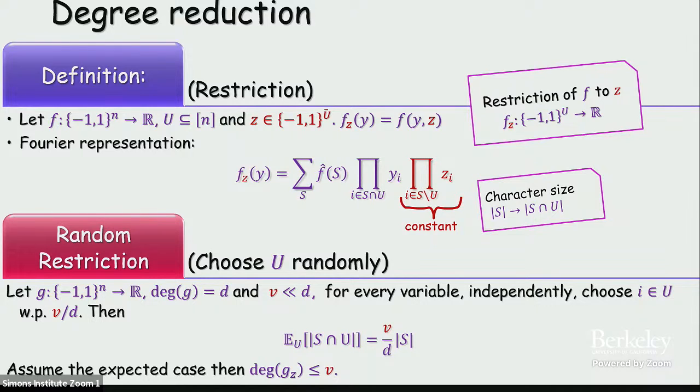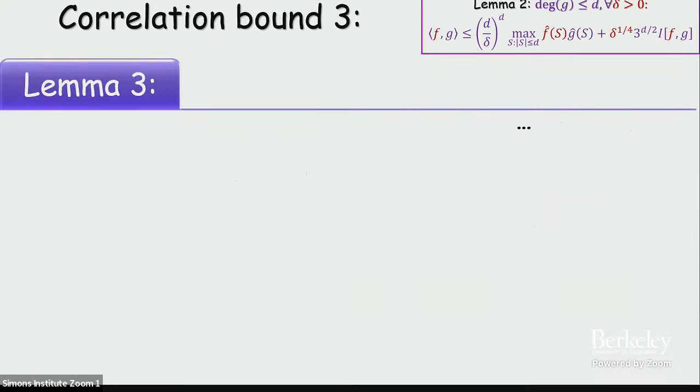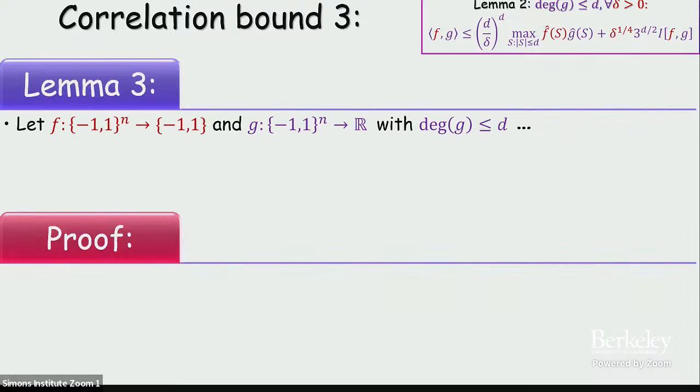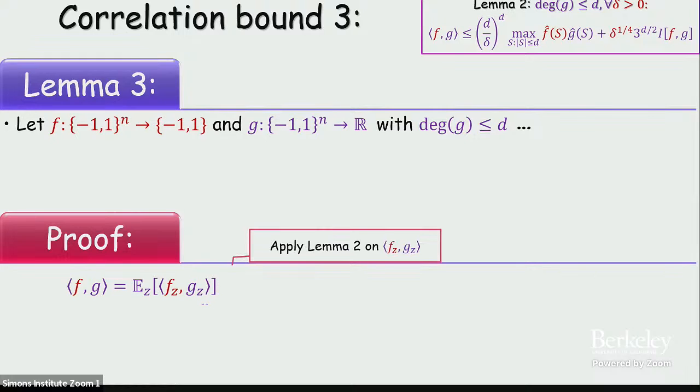So we want to reduce the degree D to degree V. So we take the random restriction to be V over D. We expect the Fourier weight to go from degree D to degree at most V. Now, if we do the restriction for both F and G, J is implicit here.